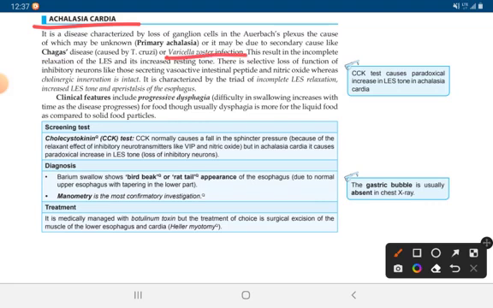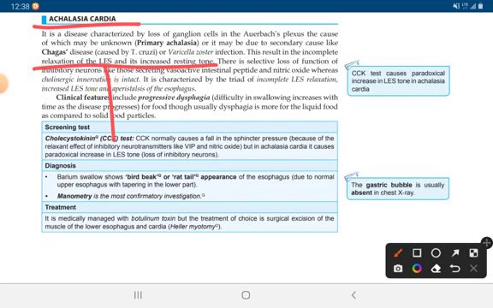This results in incomplete relaxation of the lower esophageal sphincter and its increased resting tone.